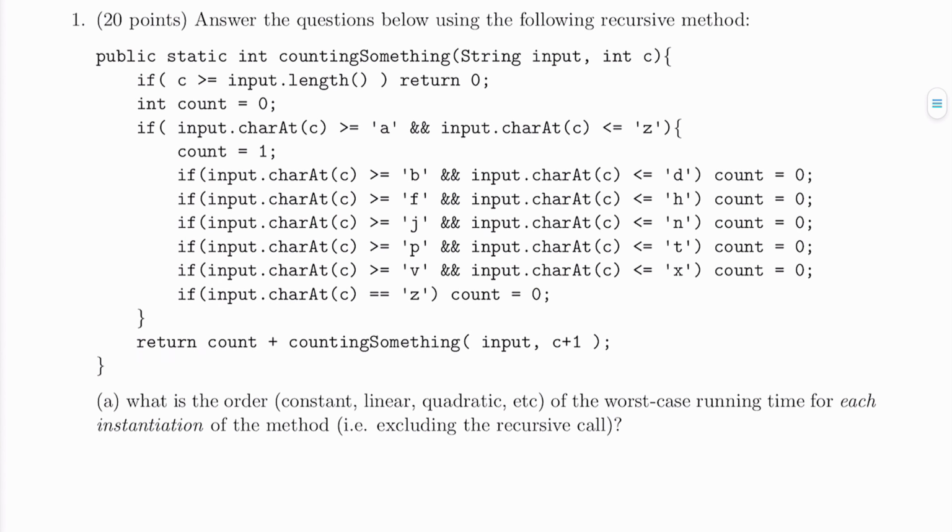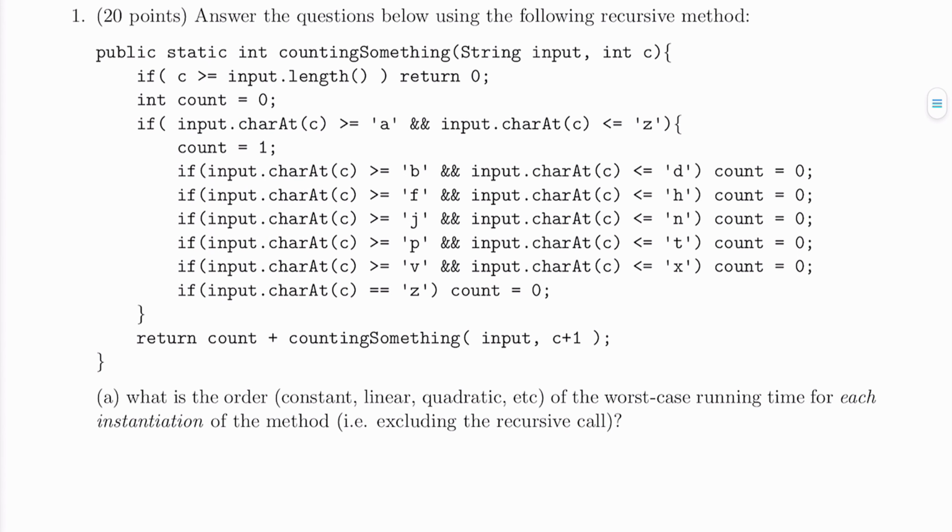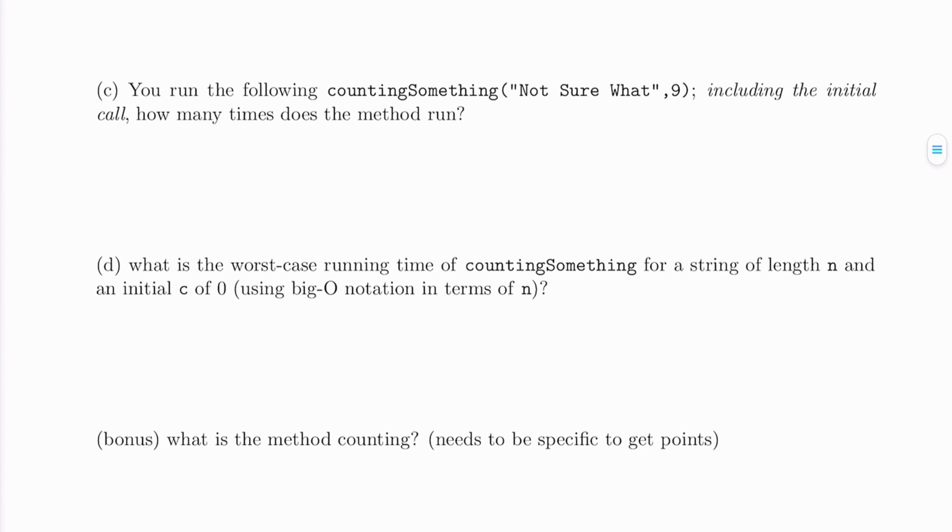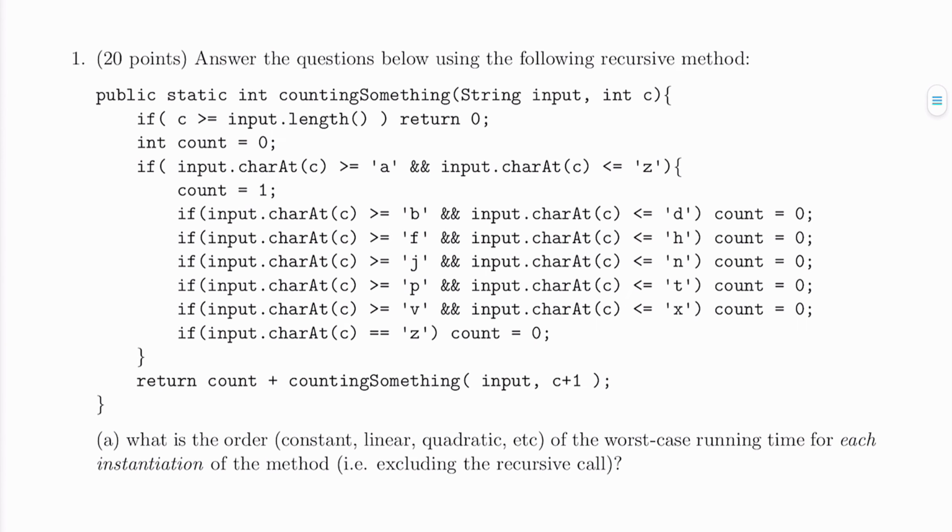So this was question number 1. It had 4 parts that were all dealing with the same bit of code here. The piece of code is a recursive method. We don't exactly know what it's counting, right? But it takes as input a string and an integer, and the integer represents a position in the string itself.